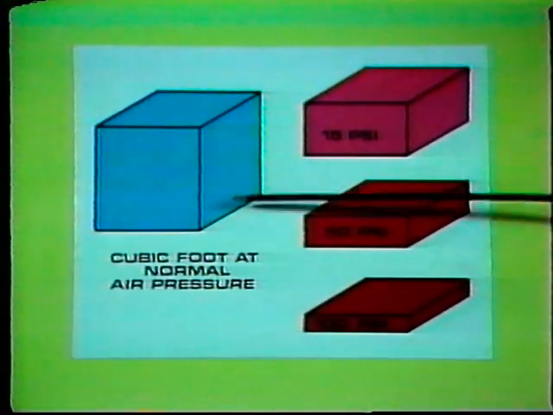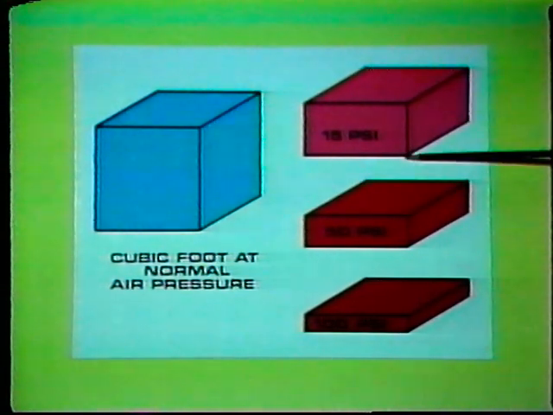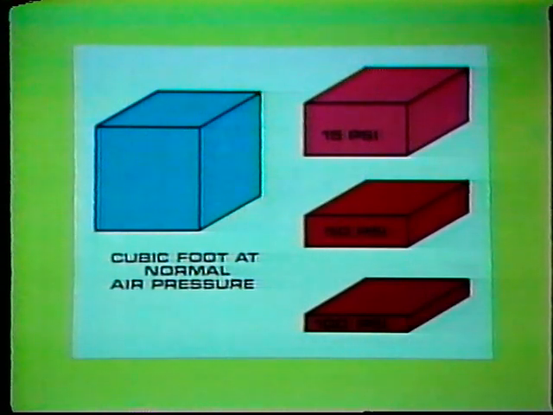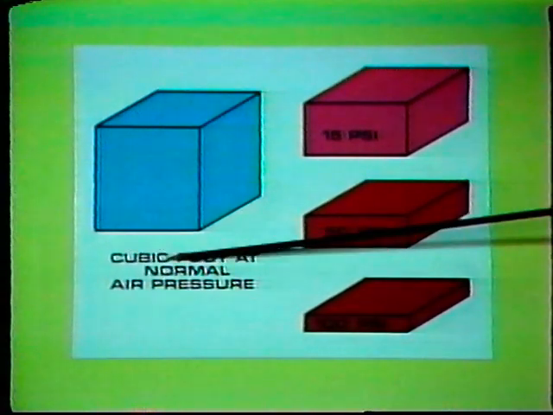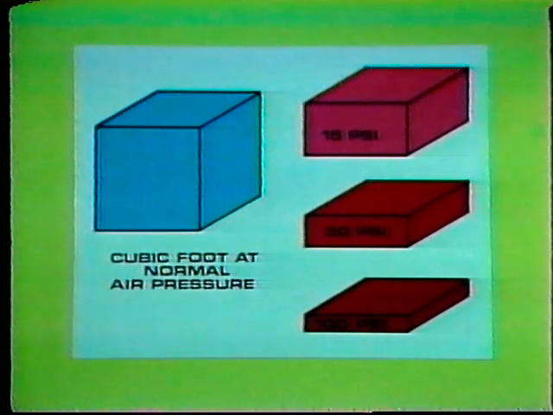Now we know that a cubic foot of air can be at various pressures, say 15 psi-A, 50 psi-A, or 100 psi-A, and that the air will take on different volumes depending upon how much it is compressed. No matter what the pressure, it is still referred to as a standard cubic foot of air, because that's what it is under normal conditions.